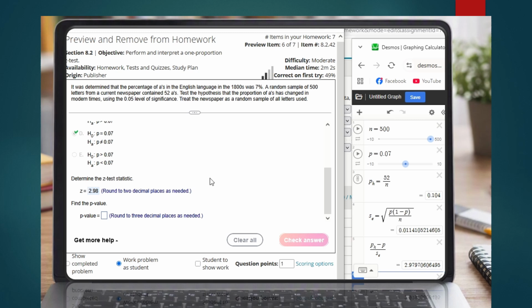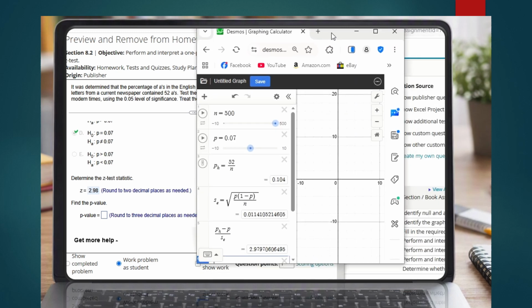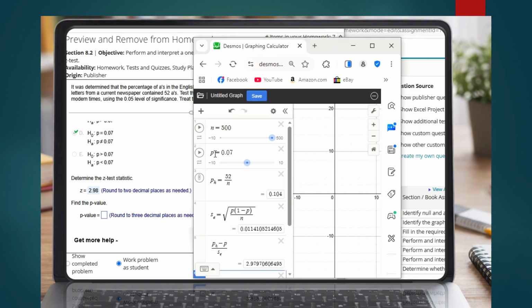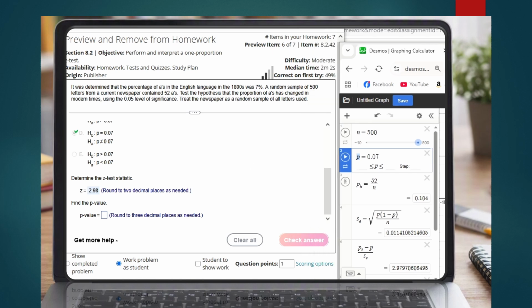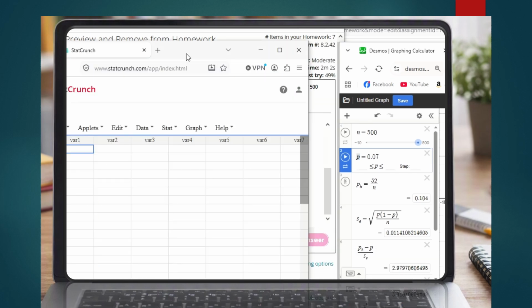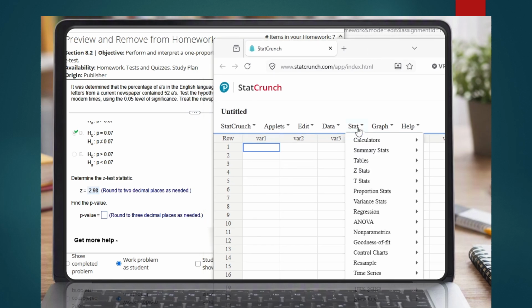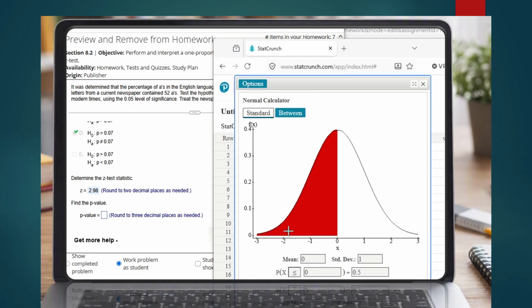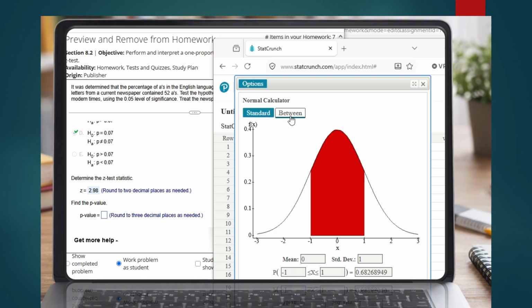There we go. So now we just need to calculate the p-value, not to be confused with the population proportion. To do that, we will need our StatCrunch and our normal calculator. So Stat, Calculators, go down to Normal. And again, we're going to use the standard normal calculator, where the mean is 0, standard deviation is 1, and we're talking about a p-value between.